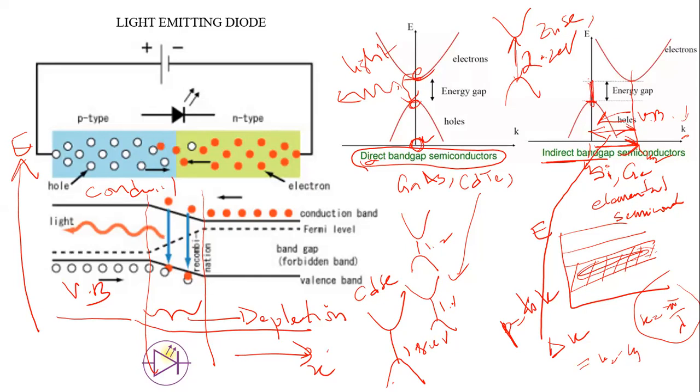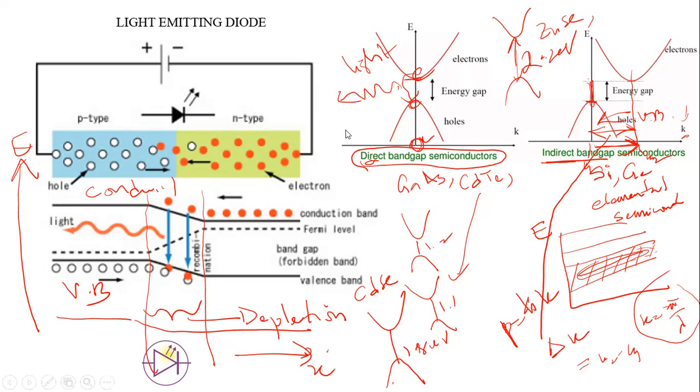If the energy is very low, let's say 1.1, 1.2 and all, the emitted radiation will become reddish. So depending on the energy band gap of this direct band gap material, you can design a diode which can emit several colors of light.